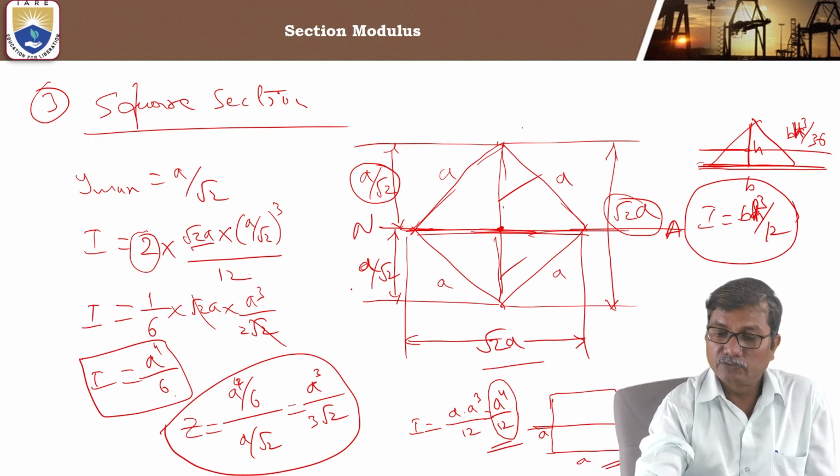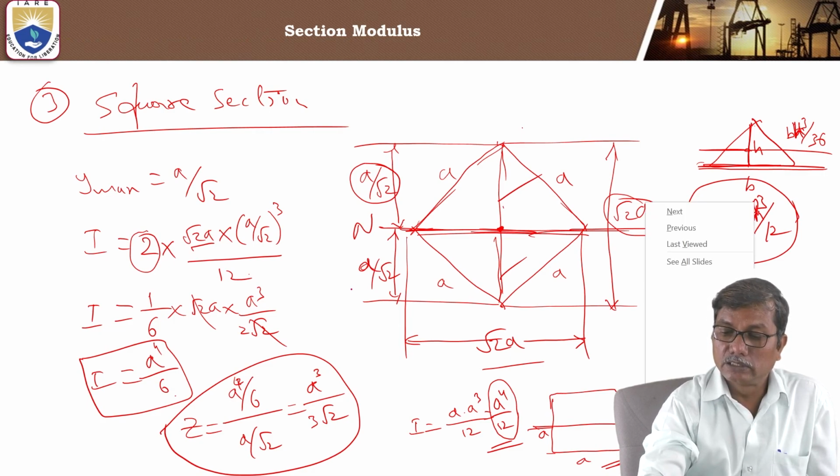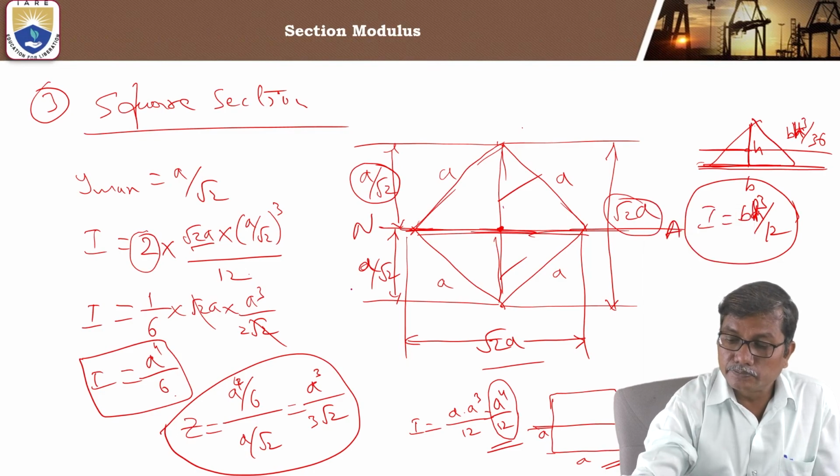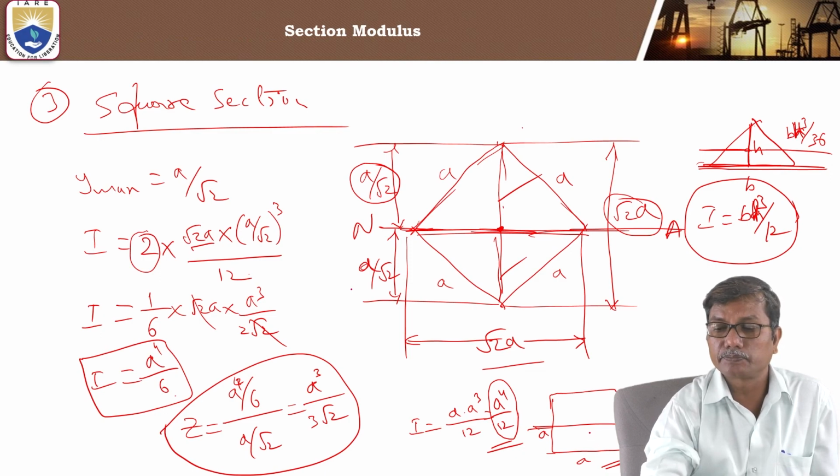And for a square section with the side horizontal, what is y maximum? a by 2. And I is a power 4 by 12. So what is the section modulus in this case?